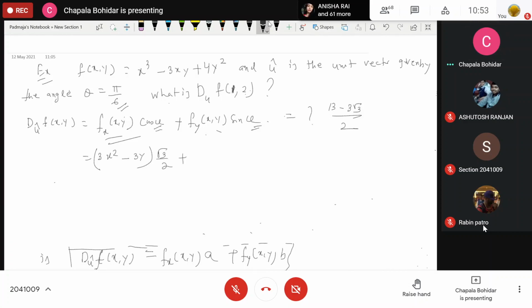Fy is minus 3x plus 8y, then your sin theta. Sin theta is 1 by 2. Then you put the value x, y here as 1, 2 and get this value. Clear?